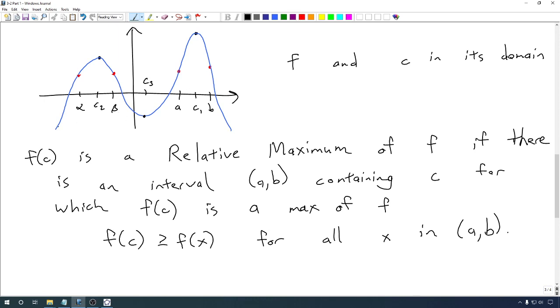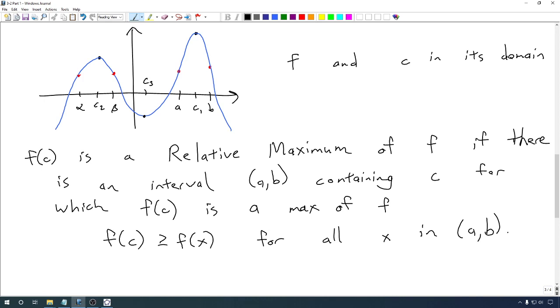It's not a minimum overall, because there's points over here and over here that are lower than it. But we're not talking about the entire function, we're only looking at a small region around c3. And technically, it doesn't matter how small of a region we need to make, we can always shrink our interval around c as much as we want.